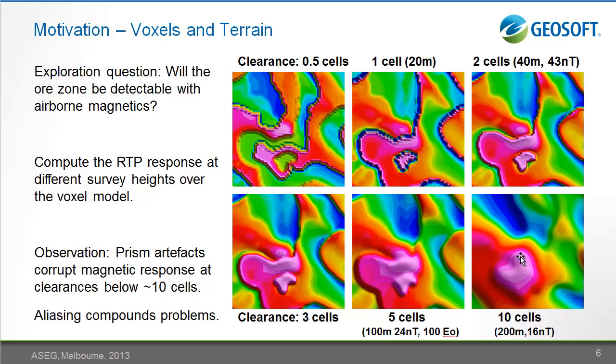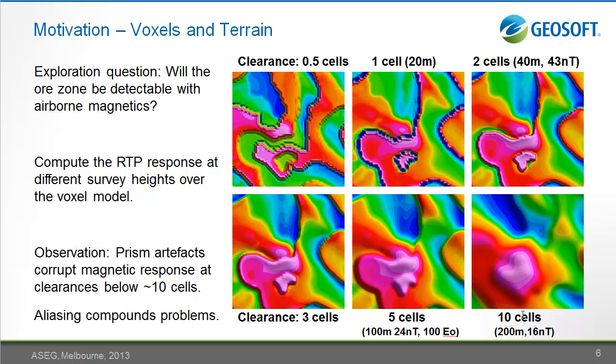Now, going to 10 cell clearance, or 200 meters, we have started to see that we're no longer affected by these terrain artifacts. So effectively at 10 cell clearances or 200 meters above the surface, we're able to more or less accurately model the response of the deposit.